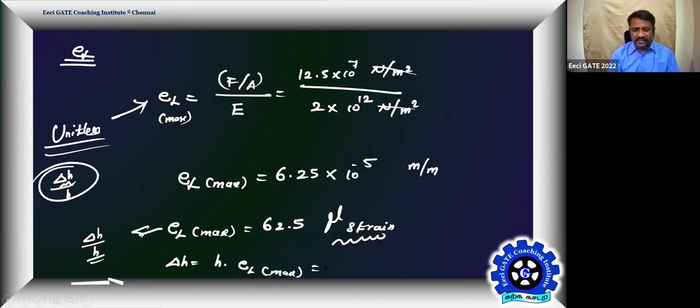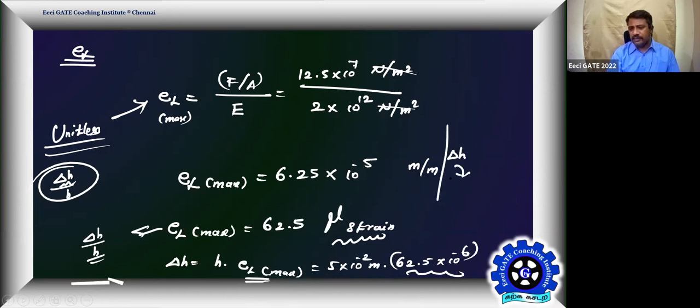If somebody is asking, just know how to calculate it. So 5 into 10 power minus 2 meter into this EL max, 62.5 into 10 power minus 6. It is unitless, therefore it is going to be in so many meters. That's delta H. Delta H is going to become only a small number.